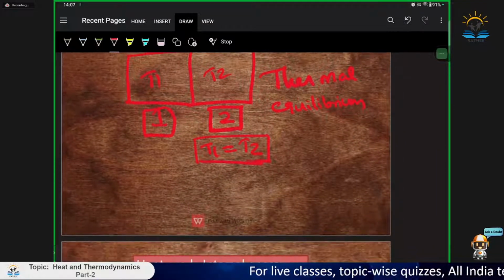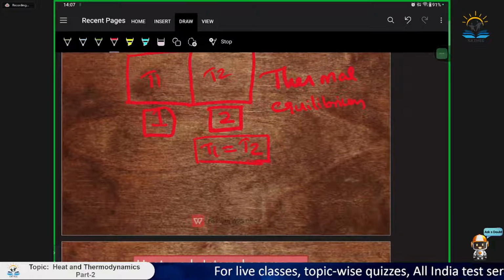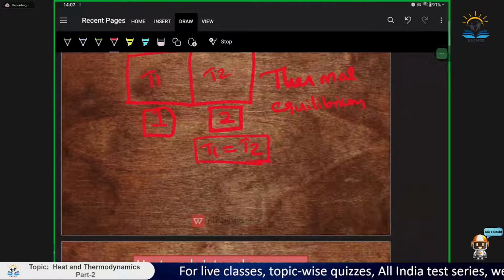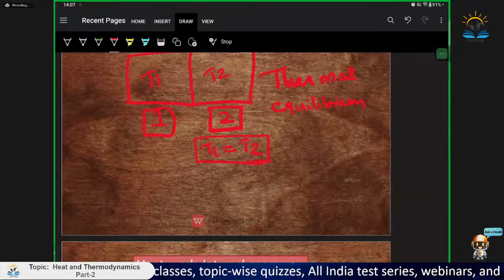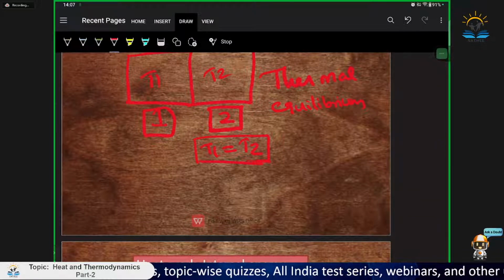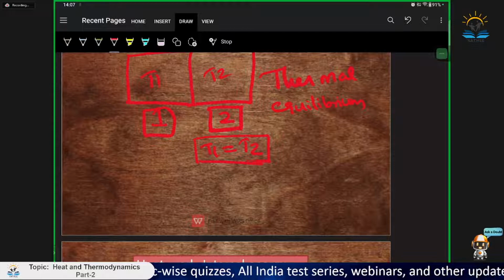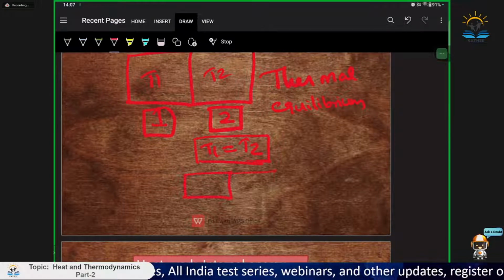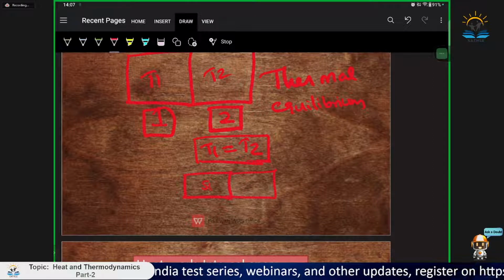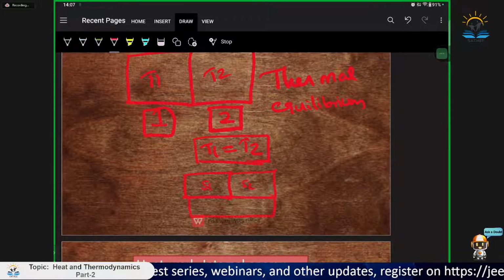As per the zeroth law of thermodynamics, if two systems are in thermal equilibrium with a third system separately, then I'll explain. See, we have systems S1, S2, and this is S3.